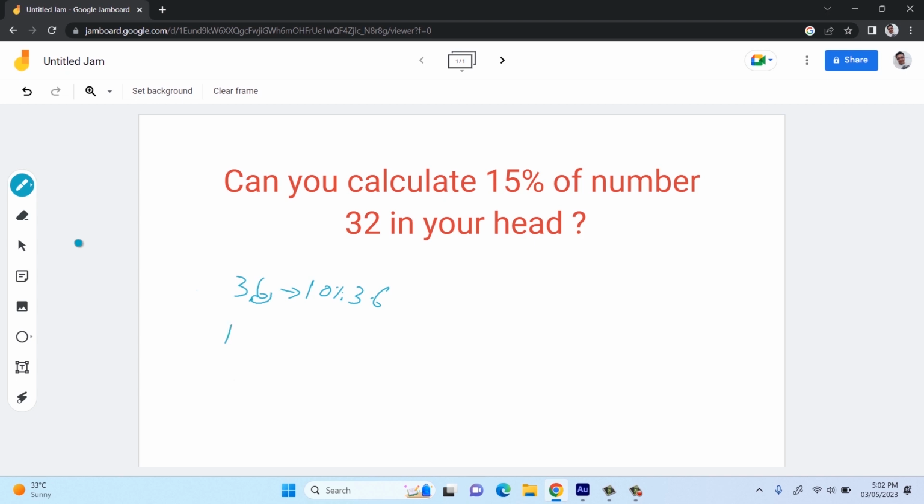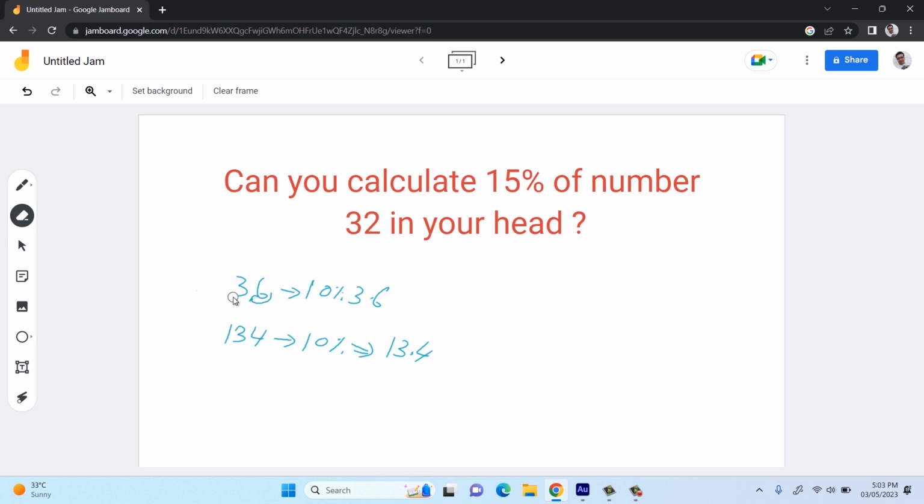So we can take 134, and if you want to calculate 10% of 134, it will become 13.4, right? So this is how you can calculate 10% of any number, and consider 10% as your base.